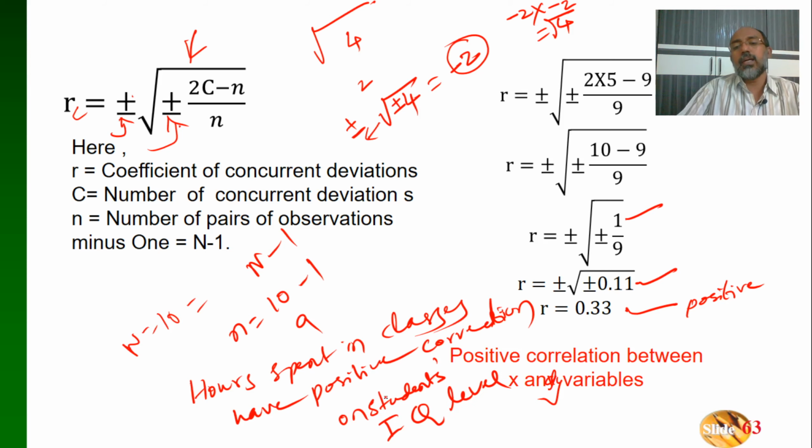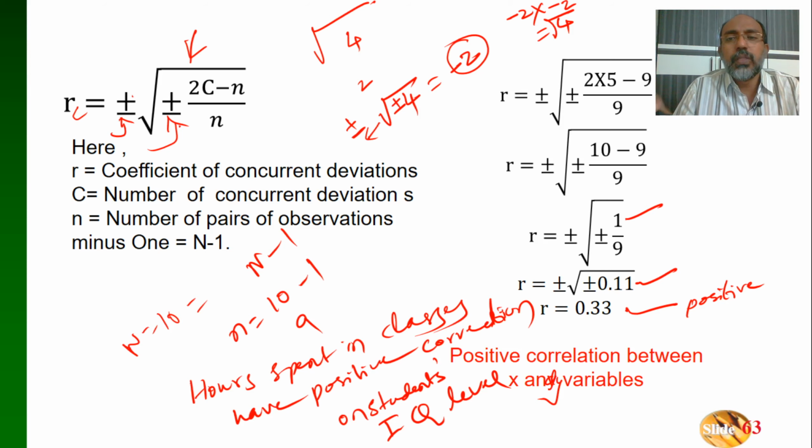Okay, this is the answer. There is a positive relation, to the extent of 33% or 0.33 times.